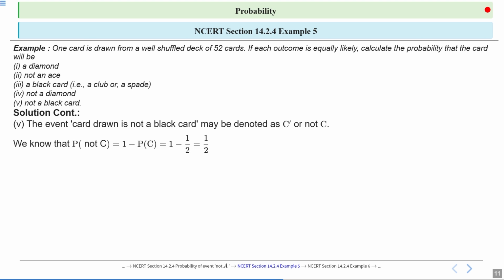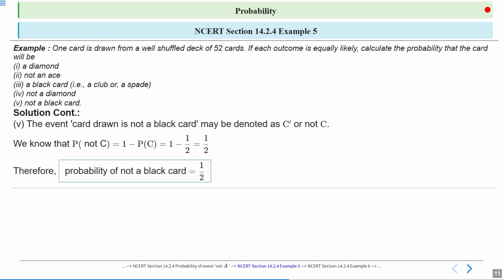We know that the probability of not C is 1 minus the probability of C, so it is 1 minus 1 by 2, which is equal to 1 by 2. Therefore, the probability of not a black card is 1 by 2.